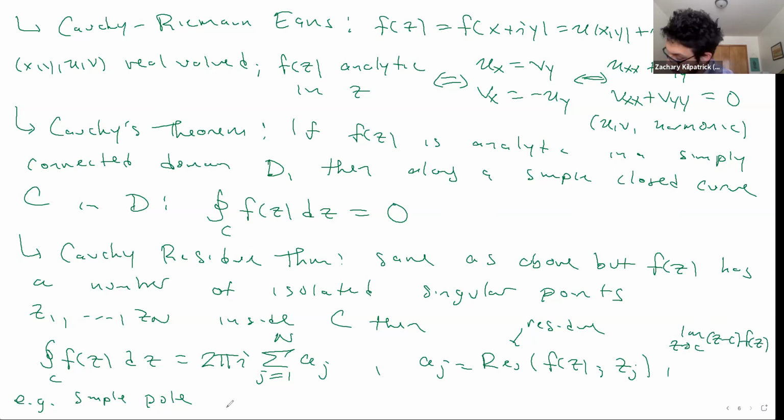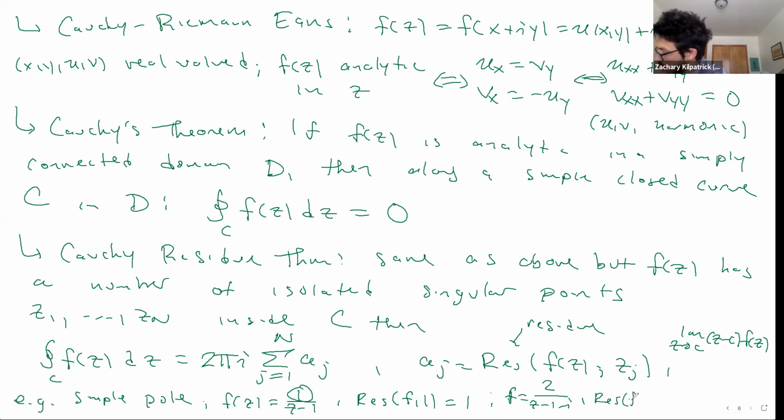So for f of z equal to 1 over z minus 1, the residue of f at 1 is going to equal 1. That's what lives in the numerator there. The residue of the function f equals 2 over z minus 1 minus i, at that singularity, is going to be 2. Okay. All right.